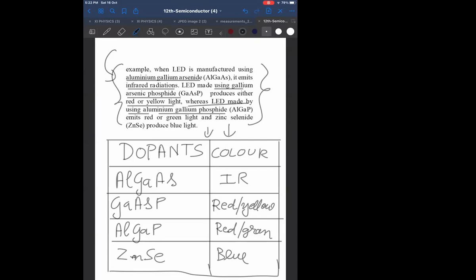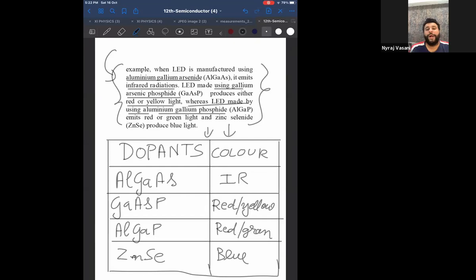So which compound gives white color? White color is infrared itself, that is aluminium gallium arsenide.